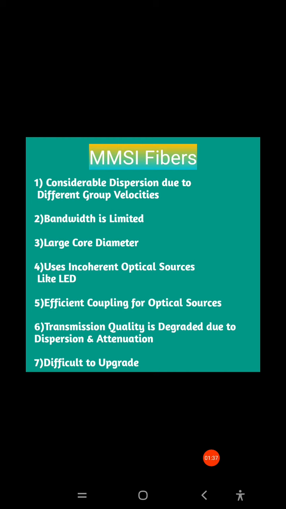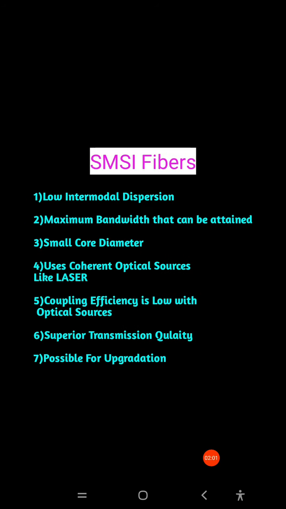Due to the different group velocities of the light rays, those will be affected by considerable intermodal dispersion. Already we told you the multi-mode step index fibers have the disadvantage of intermodal dispersion, but in SMSI it is very low.